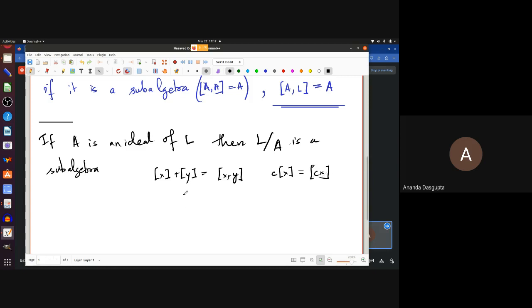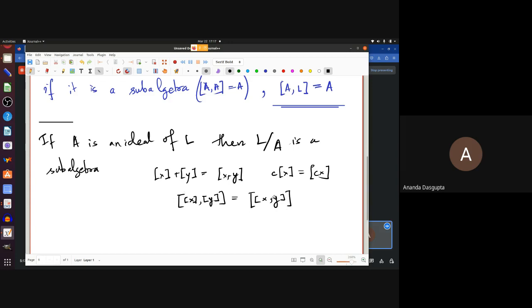And the other important operation that you have to define is the Lie bracket between the class X and the class Y. And that is obviously the only possible definition which could make sense. You form the Lie bracket of X and Y and take its equivalence class. We showed the other day that basically because A is an ideal, this definition will be well defined.